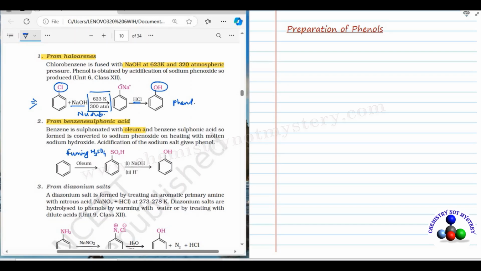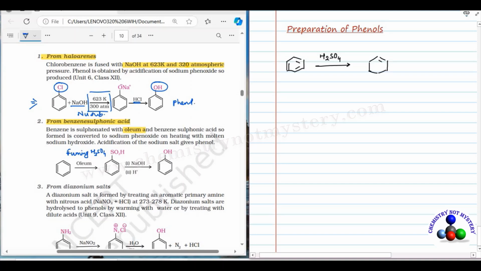So let's try to understand this reaction. First of all, draw the structure of benzene. This is benzene. When it is treated with H2SO4, it forms benzene sulfonic acid.